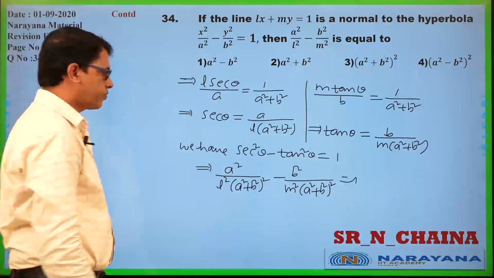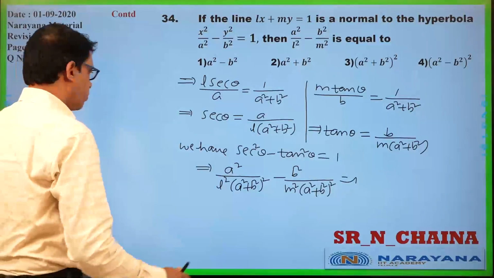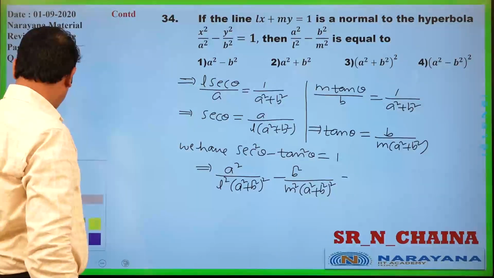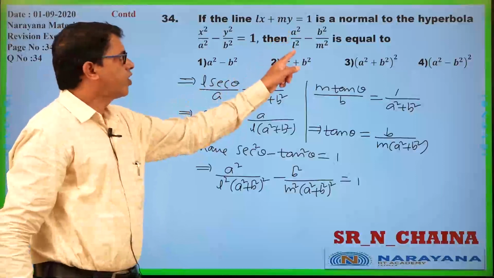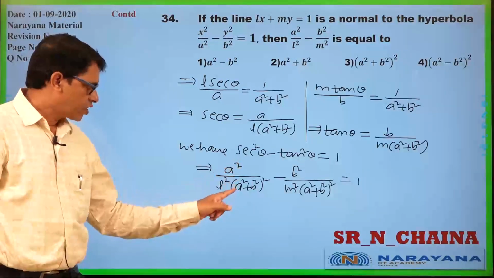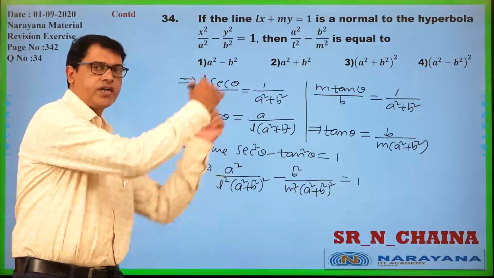Now, back to the question. What is the required value? A square by L square minus B square by M square. Here, 1 by a square plus b square whole square, I can take common and take to the other side.